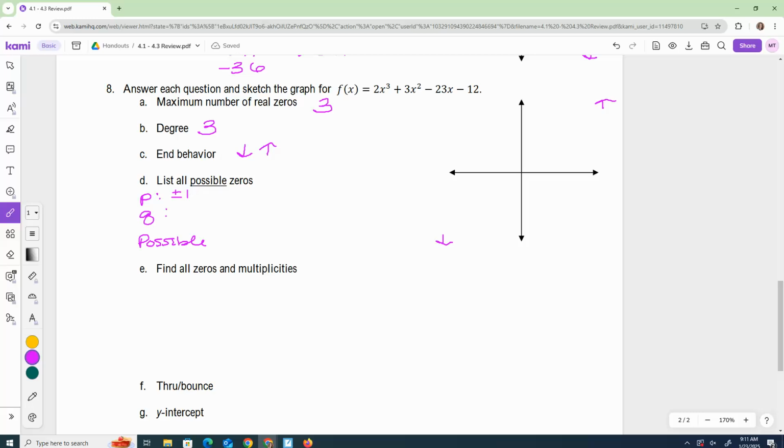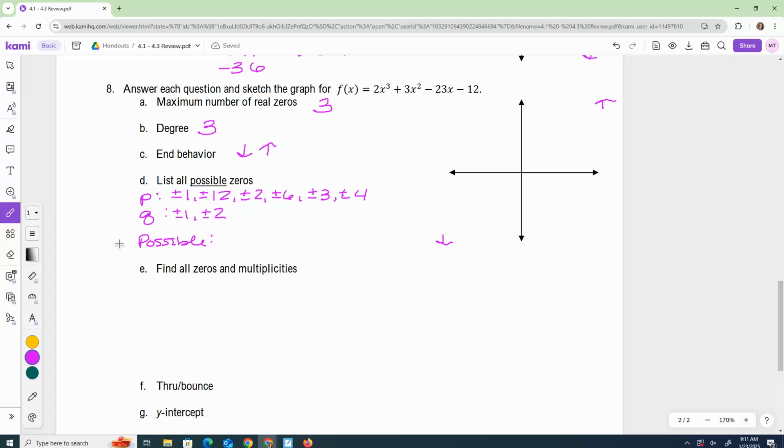So everything that goes into -12. So that would be 1 and 12, 2 and 6, 3 and 4. Q, everything that goes into the leading coefficient, which is just 2. So everything that goes into 2 would be 1 and 2.